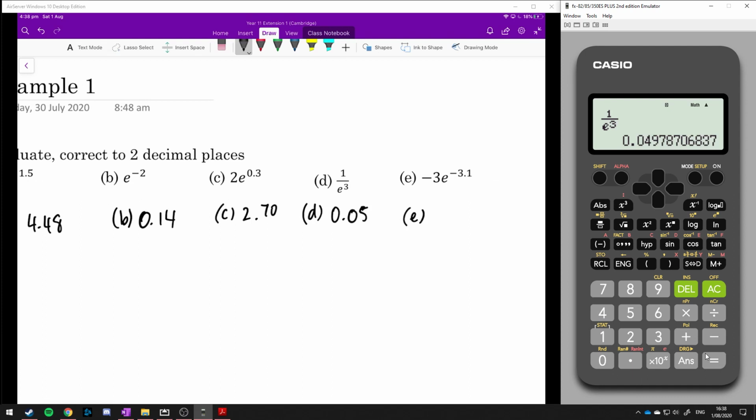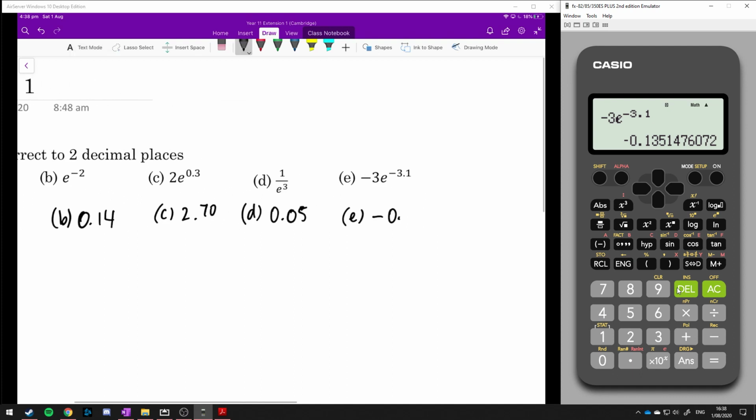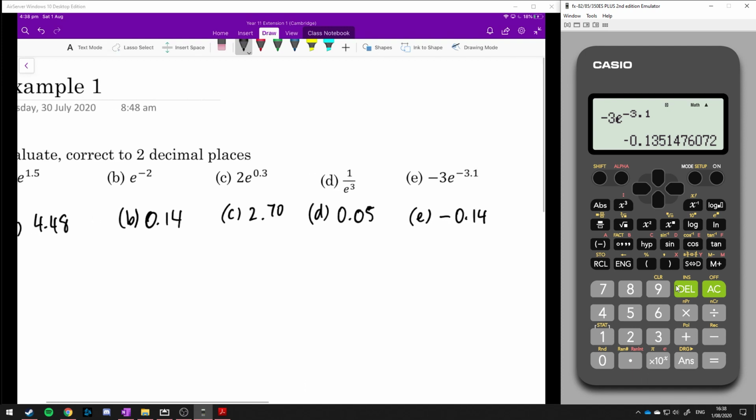And lastly, e is going to give us -3 lots of e to the power of -3.1, and that one is minus 0.14.